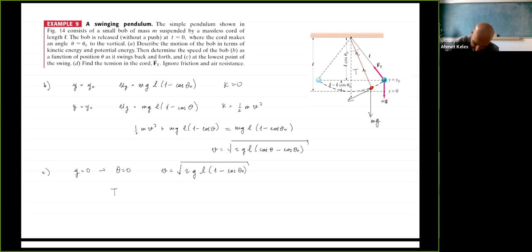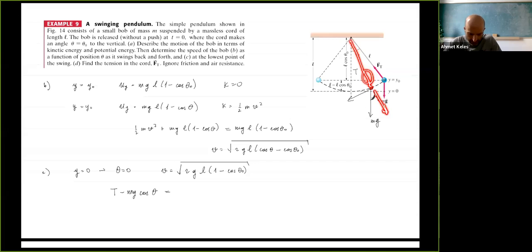Okay, T, I'm going to project this to here, minus mg cosine theta should be equal to what? Maybe I ask you. I calculated the tension here, T, and subtracted from that this component of the force, and what remains is the total centripetal force.